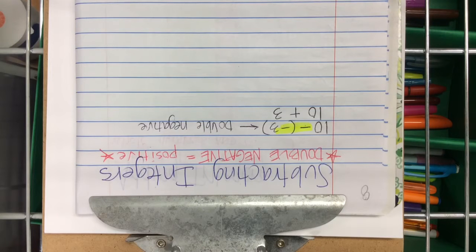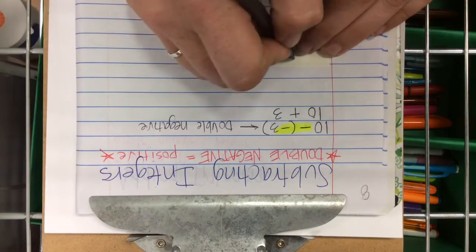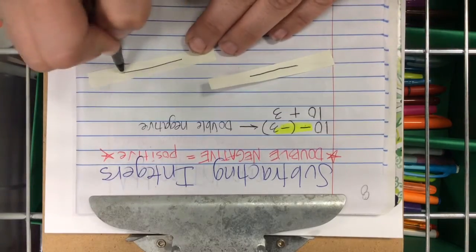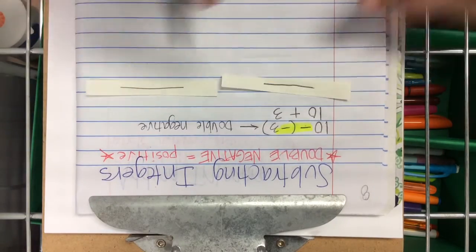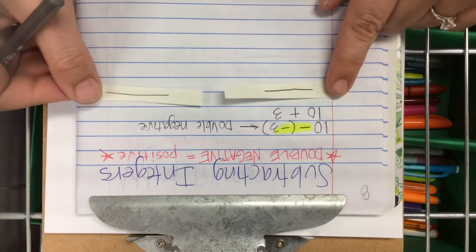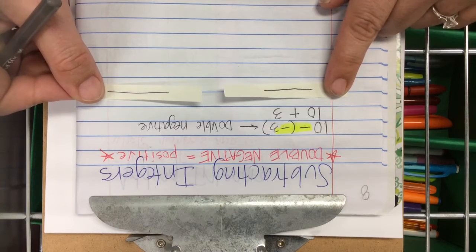All right, here's the way I thought of it all growing up. If there's a minus and a negative, if they're together, if they touch, minus, negative, my brain thought, you know what those two lines make?